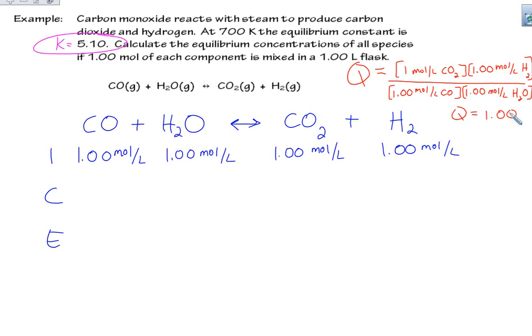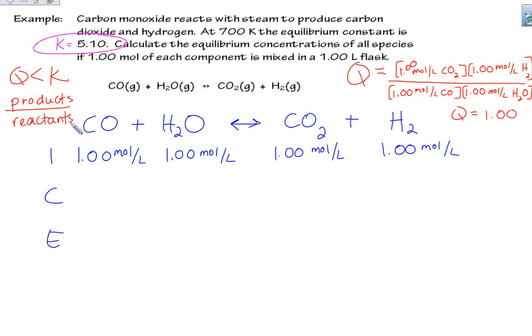1 times 1 over 1 times 1. Which I suppose I could have been a good sig fig person and put this in as 1.00 if that bothers you. Q is 1. So we compare Q to K. K is given to us. Q is smaller than K. And remember that these are always a comparison of products over reactants.